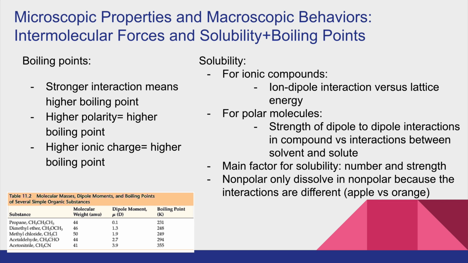In terms of the solubility, well, we have a fight between those interactions and the interactions with, in this case, water. So let's go to ionic compounds. So here we have ion to dipole interactions versus the lattice energy of the lattice. So the ion to dipole interactions are occurring between the water molecules and the ions.